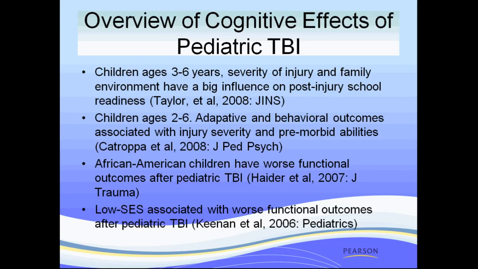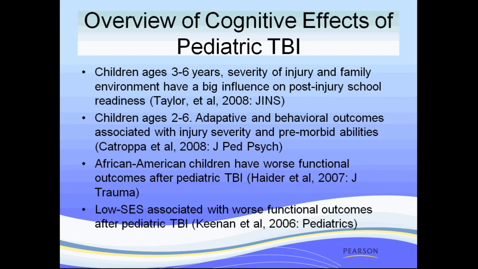There are studies showing that African American children tend to have worse functional outcomes after pediatric TBI, and this was a very large database that they got this from. In part, it wasn't clear as to why, but they seemed to be more at risk after the injury for the long-term outcomes, and perhaps they might need more resources from the school or from whatever resources are available.